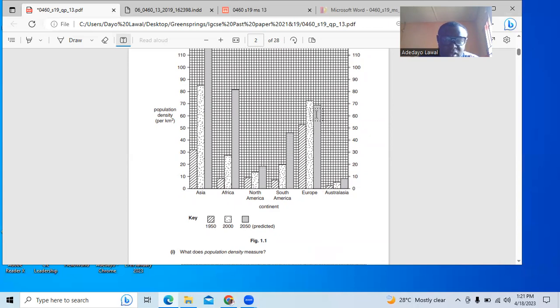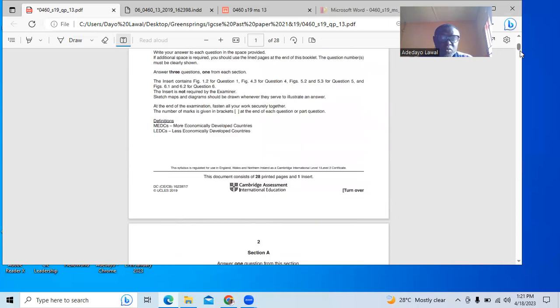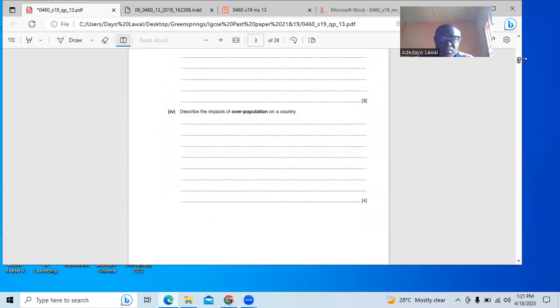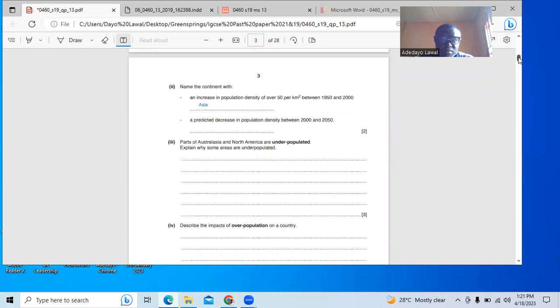This is a decrease here. All of these are increases because once this bar is higher than this bar, it's an increase. But here you can see that this bar is lower than this bar. So the answer is Europe. Still one more question. So this is Europe.